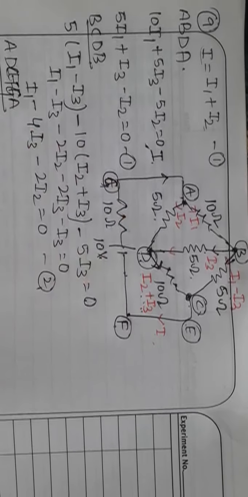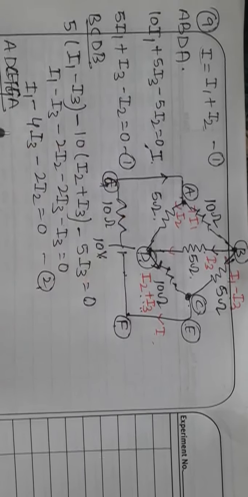When I move to this side, I get 5 I2 plus 10 I2 plus I3 plus 10 I equal to 10. Since there is a cell, when I jump from this one, negative to positive, it will be plus 10.